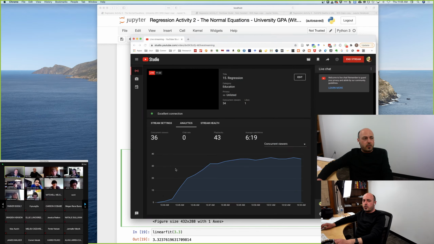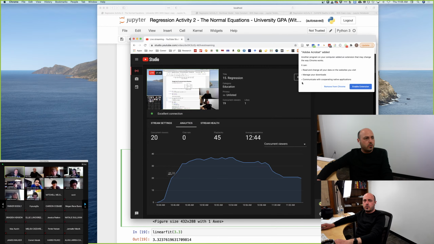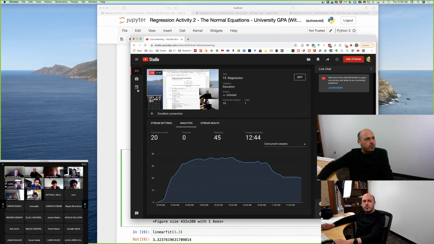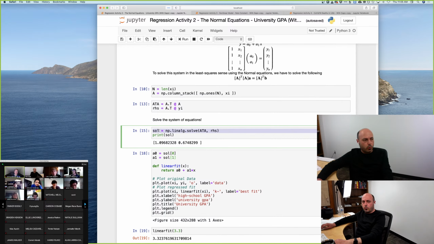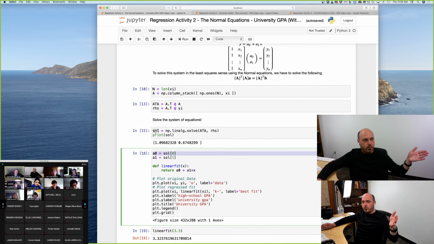Now, the standard way I've been doing this is to simply grab the coefficients from your solution, where I put the linear algebra solve. I solve coefficient matrix, right-hand side, and I get the solution. The solution contains A0 and A1 in that order. And then I pull those from solution.